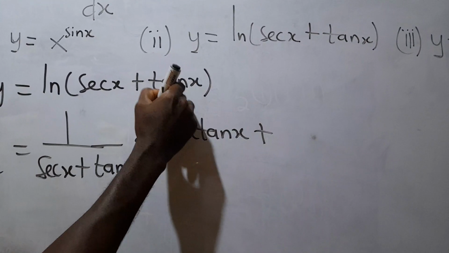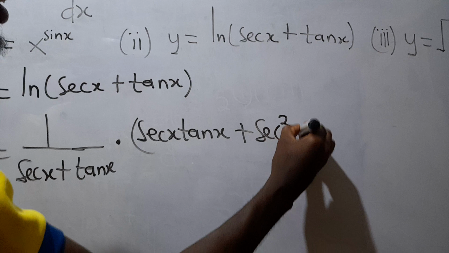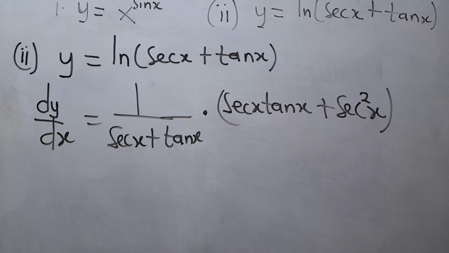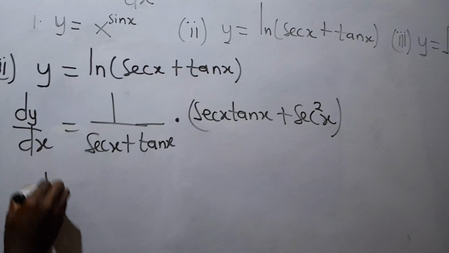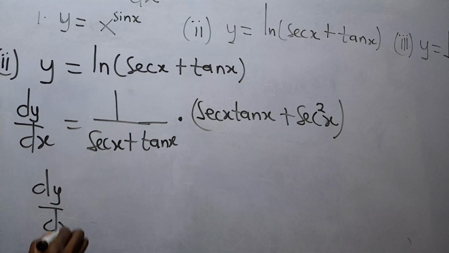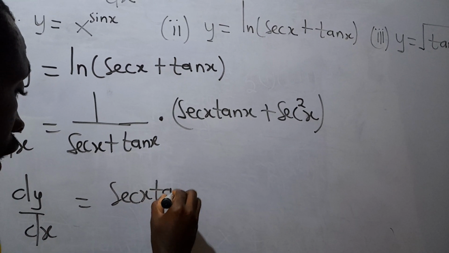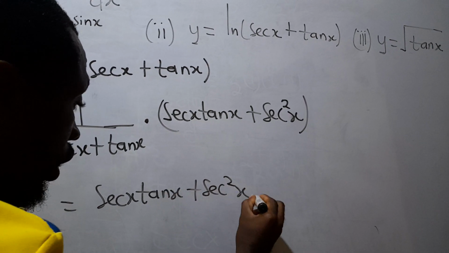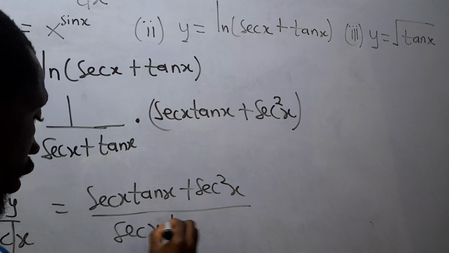Plus, now when we differentiate tan x, we get sec square x. So I want to simplify this further. Our dy over dx will be equal to sec x tan x plus sec square x over sec x plus tan x.